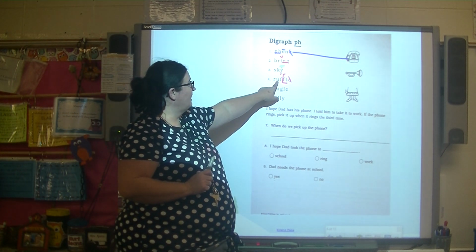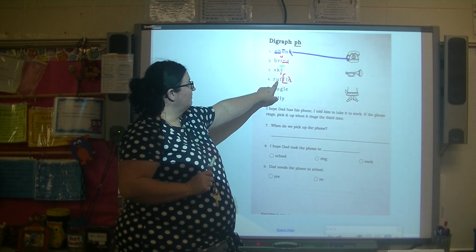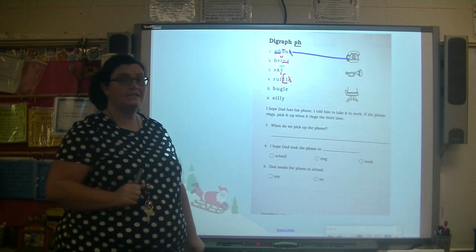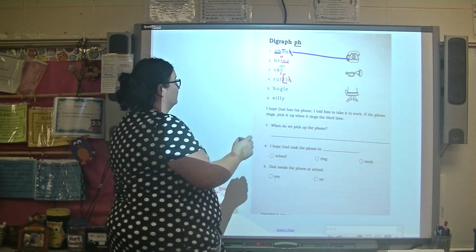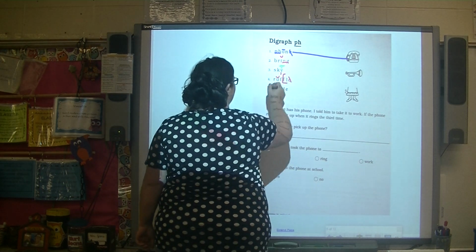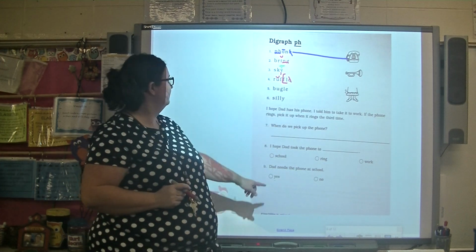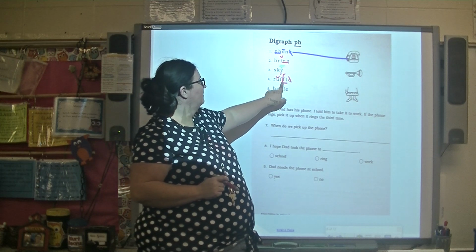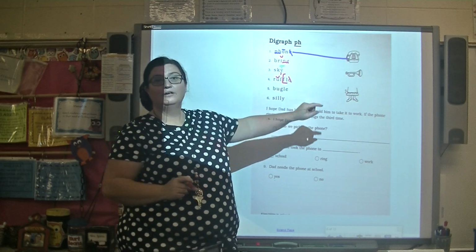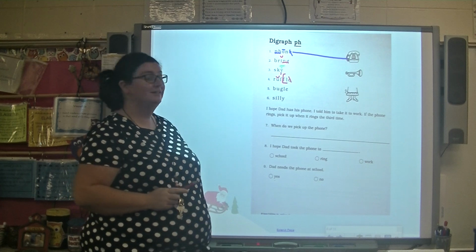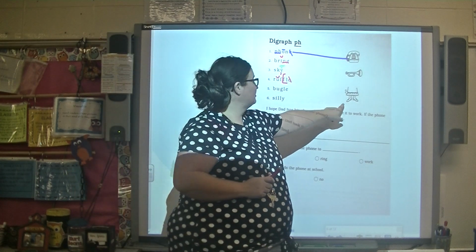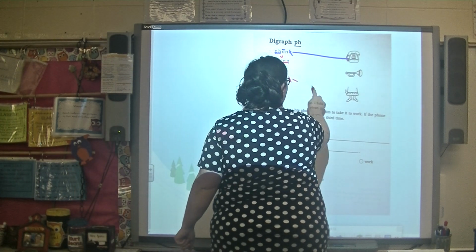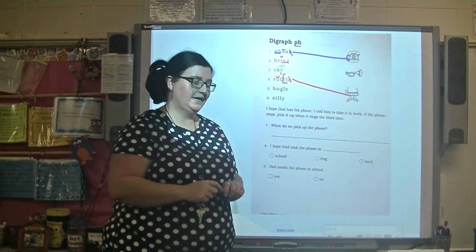Now we have a vowel followed by a consonant is short. Sound it out. Ruffle. Ruffle. All right, we have a picture. Ruffle. She has a ruffle on her dress.